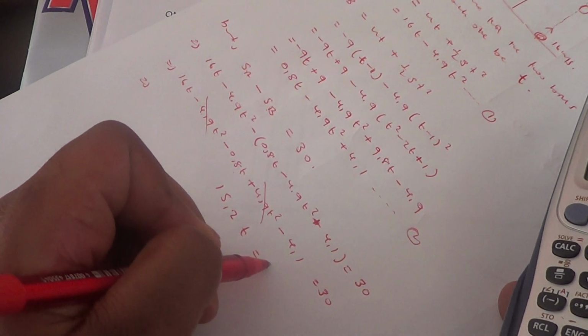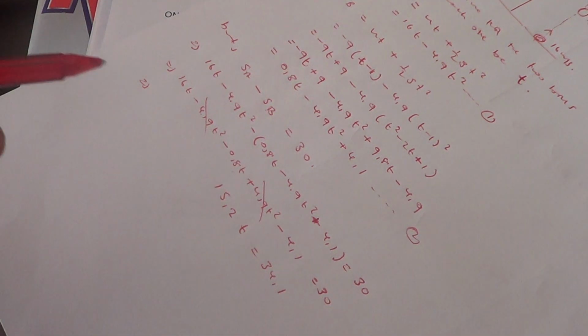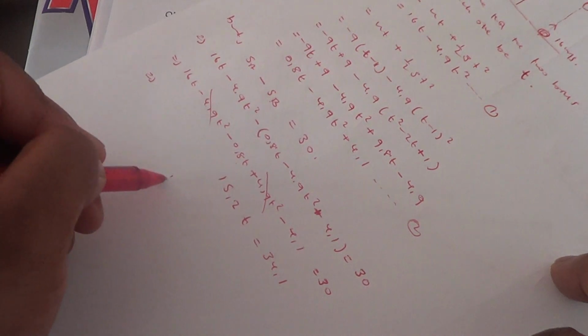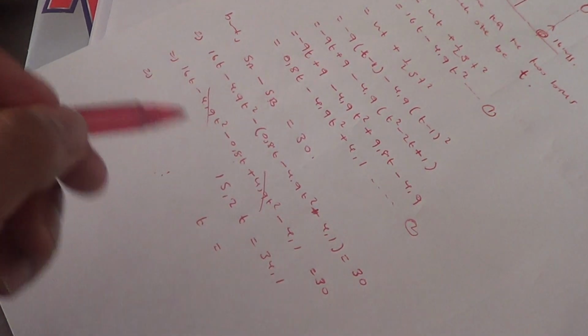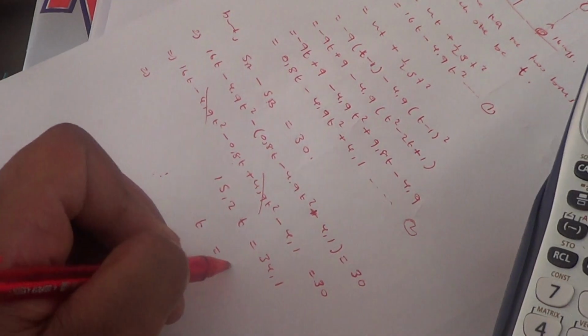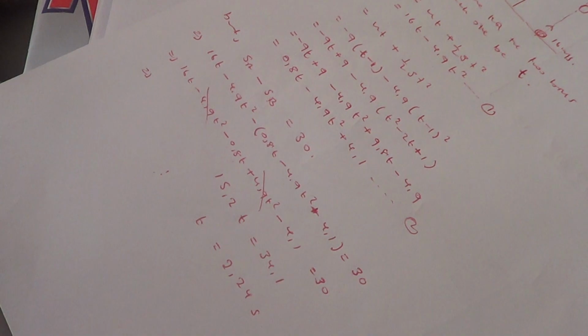So we can simply say equals 34.1, because 30 plus 4.1 is just 34.1. Alright, so we transpose this one to the 30. Therefore t will be now whatever the ratio we get from there. Alright, 34.1 divided by 15.2. So what I get here is 2.24 seconds. Alright, that's the answer to the time.